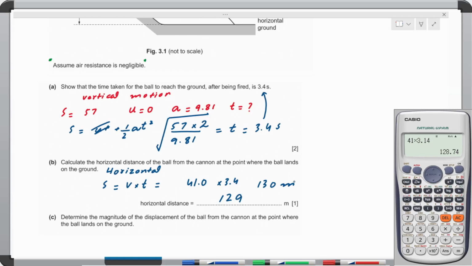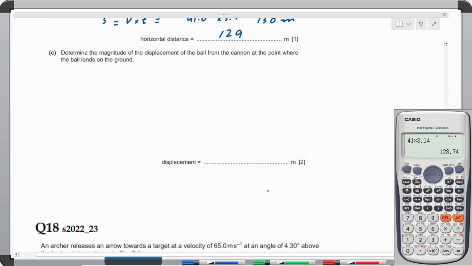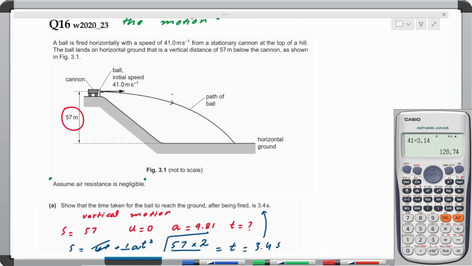So let's check out the next one. Determine the magnitude of the displacement of the ball from the cannon at a point where the ball lands on the ground. Okay, so for the displacement, we need to find the shortest distance. So the shortest distance would be from here all the way over here, and we have to find it using Pythagoras theorem.